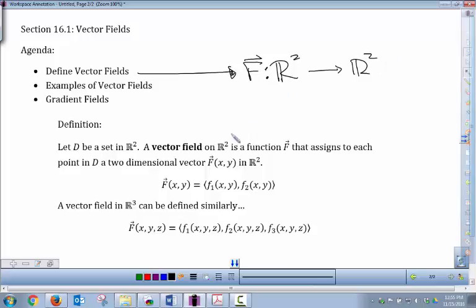So we can think about this as taking a point in 2D, and then we're going to output a vector in 2 dimensions.